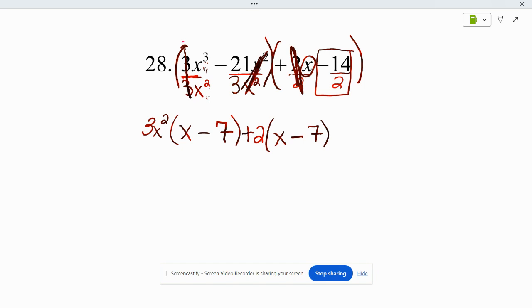Do I have that repeated factor? I do. So GCF plus GCF, that's the 3x squared plus 2. That's the terms that we took out of them originally, multiplied by your twin. GCF multiplied by the twin. That was number 28.